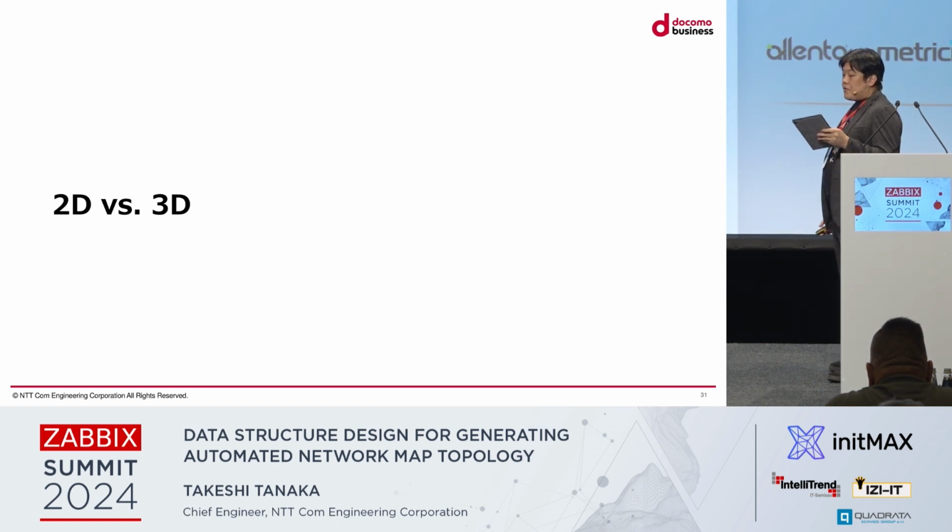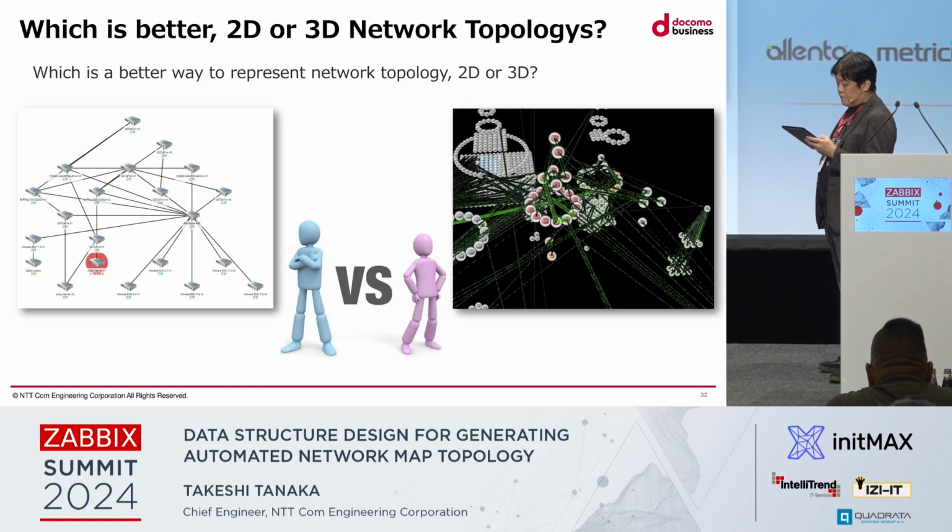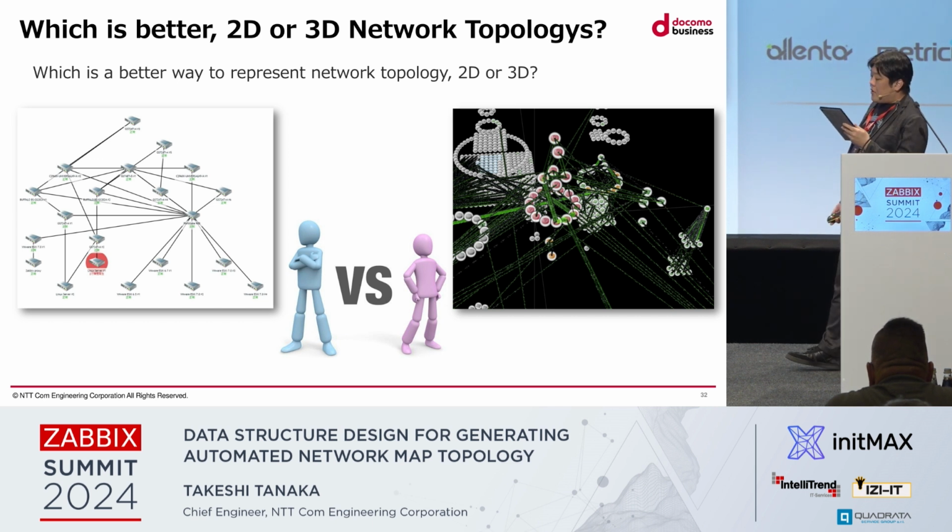We have introduced the mechanism of drawing network topology in 2D and 3D. Let us consider the future and the difference between 2D and 3D. Which is the best drawing method for network topology, 2D or 3D?